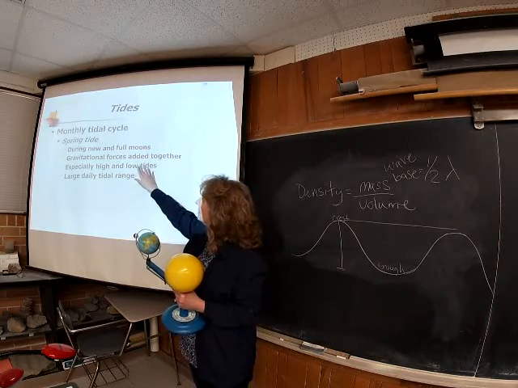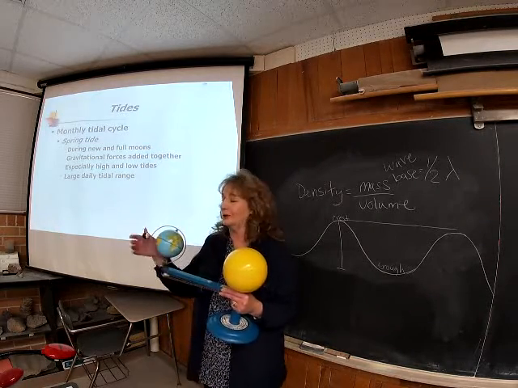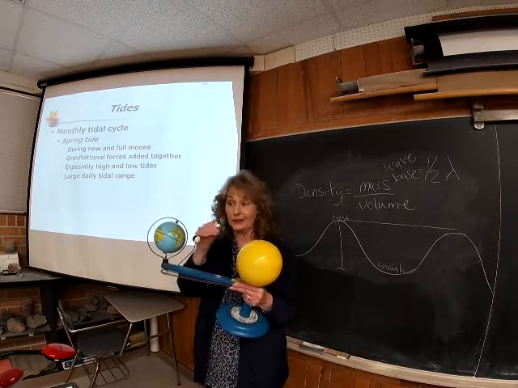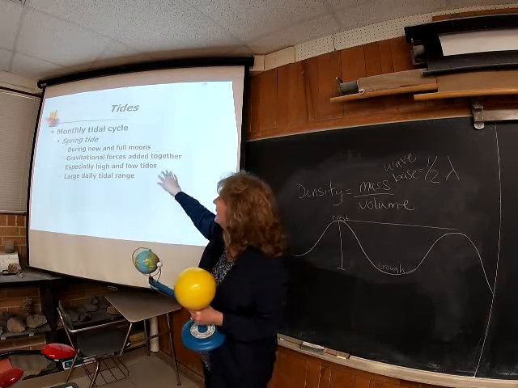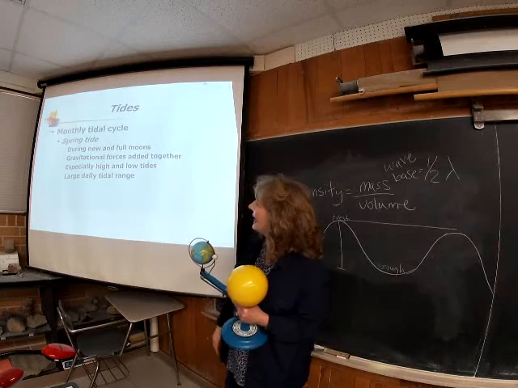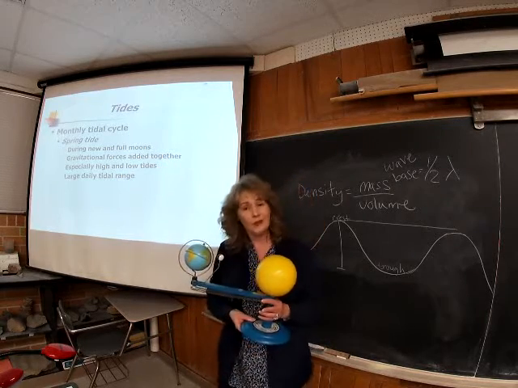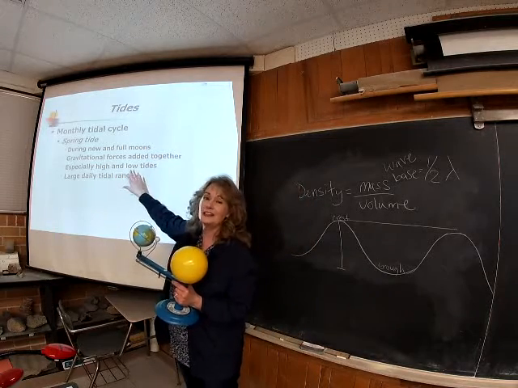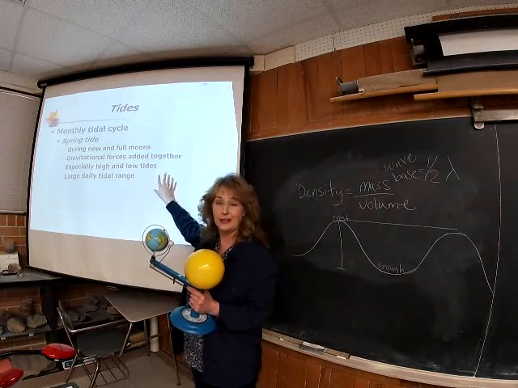So this does occur during new and full moon, right? Here was the full moon, here was the new moon with this alignment, parallel alignment. The gravitational forces get added together, and you're getting especially high and especially low tides, okay?